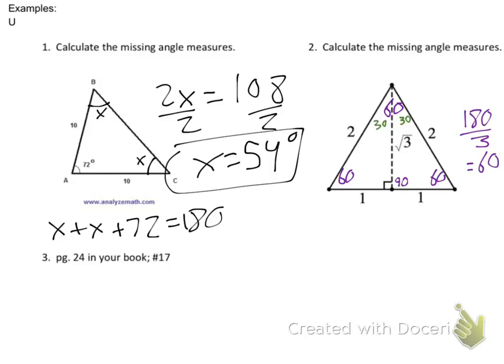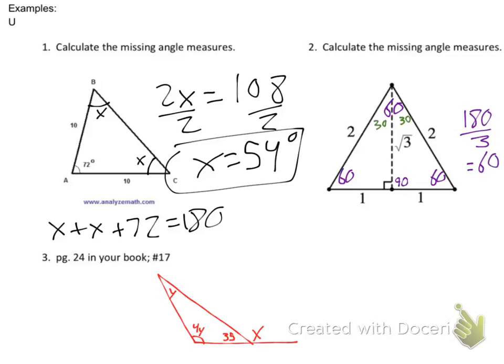Take the time to open your book to page 24 and copy 17. So this is what the picture looks like. You need to solve for x and for y. Which one's the easiest one to solve for here? X or y? I think x would be the easiest one. Why, Kevin?